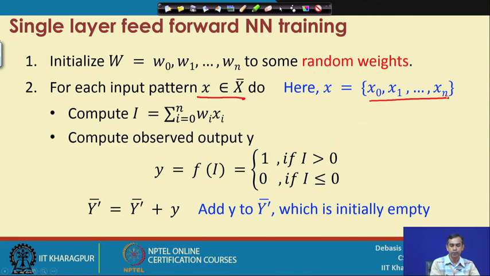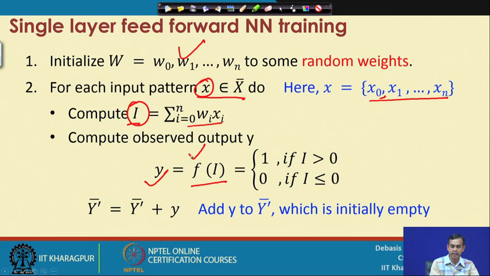we have to compute I, using this w and this x, we can calculate I. Then for this perceptron, with respect to a particular input x, we will be able to calculate y, that is f of I, where f is the assumed transfer function. As I told you, suppose a Heaviside transfer function or a sigmoid transfer function is assumed.